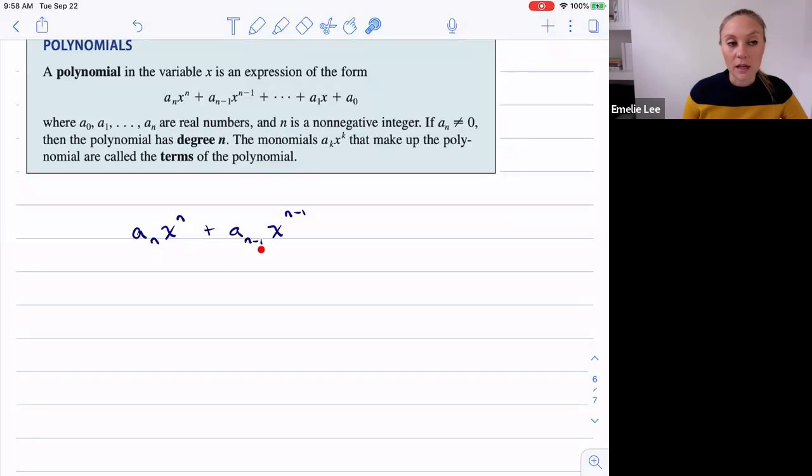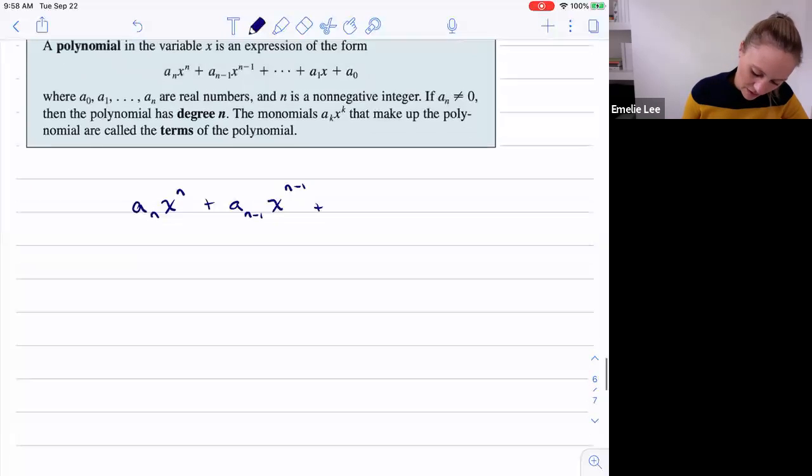It's a new thing, a_(n-1). I'll show you an example with numbers in just a little bit. Plus a_1 x plus a_0.